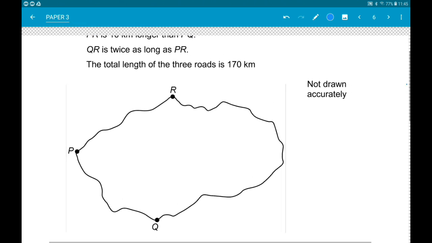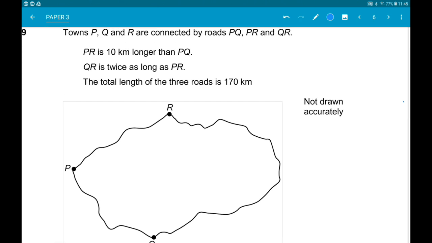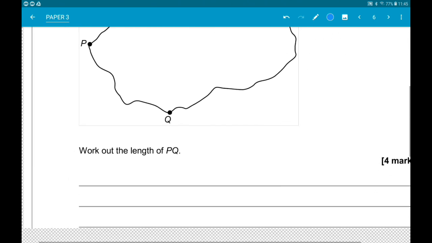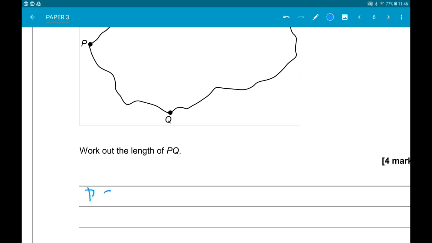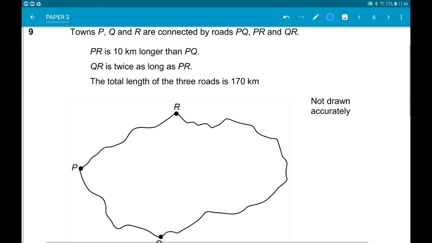Okay, so because PR is 10 kilometers longer than PQ, if we call PQ x, then PR is x add 10. Now we're also told that QR is twice as long as PR.